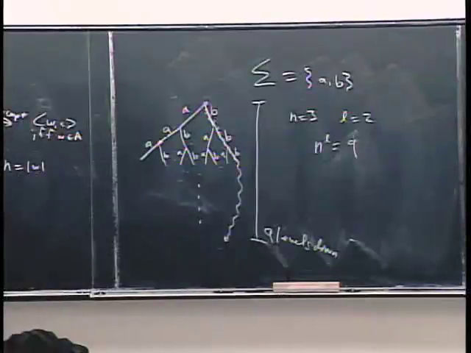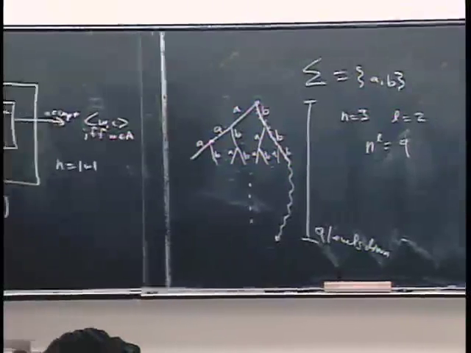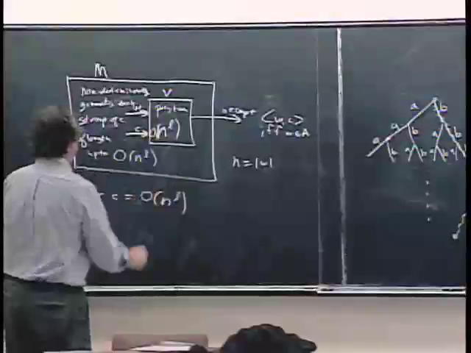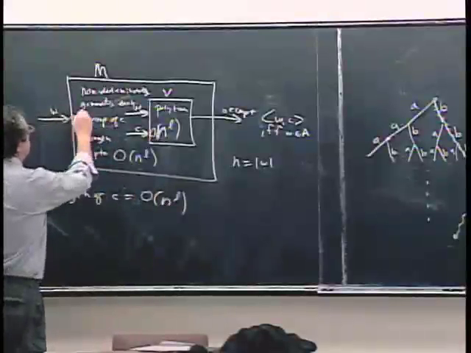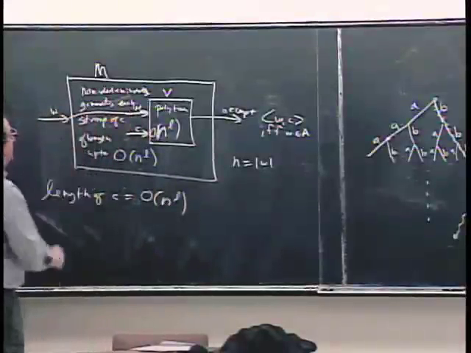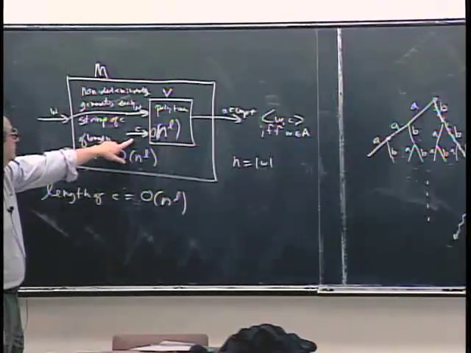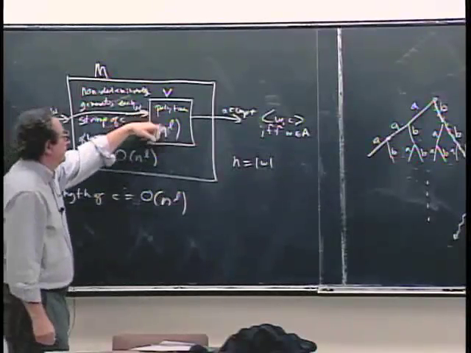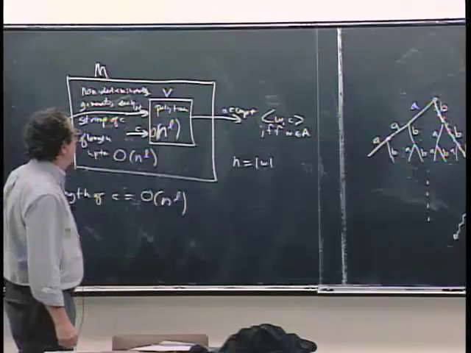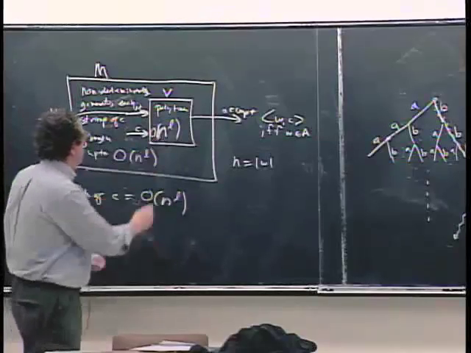And having generated that string, it feeds it into the verifier. So it feeds in W, that it came in from here. It feeds in C, and then we have the polynomial-time verifier.